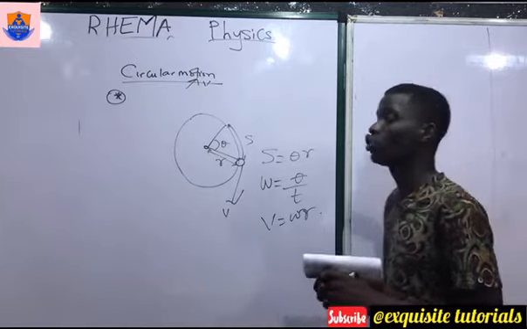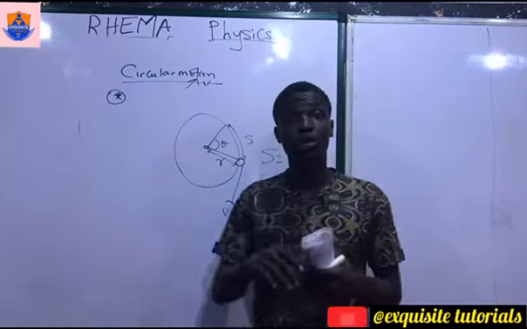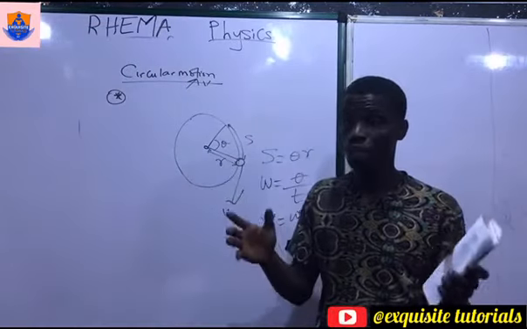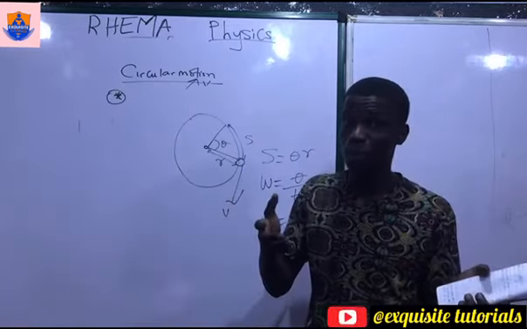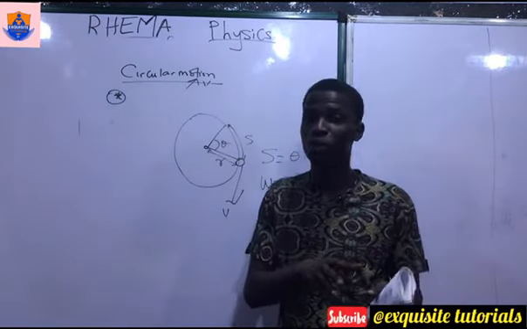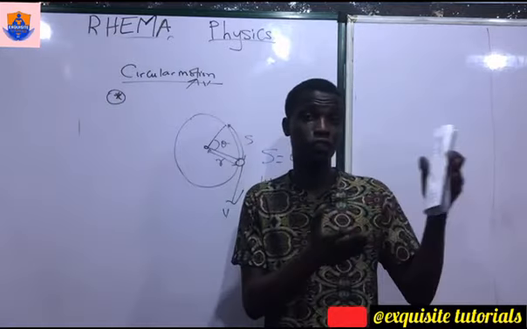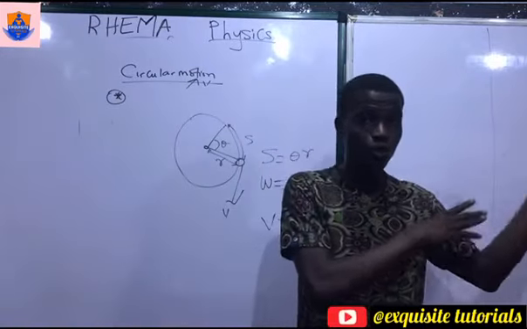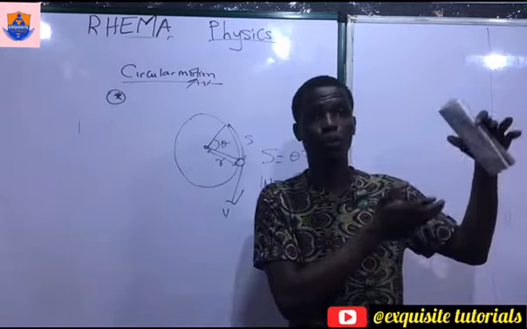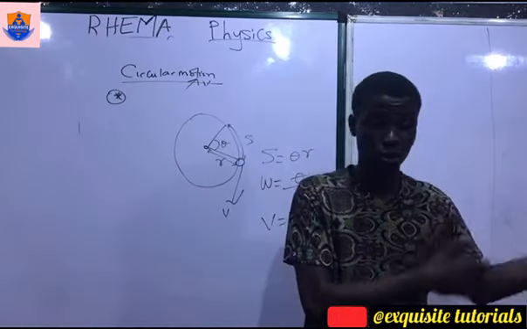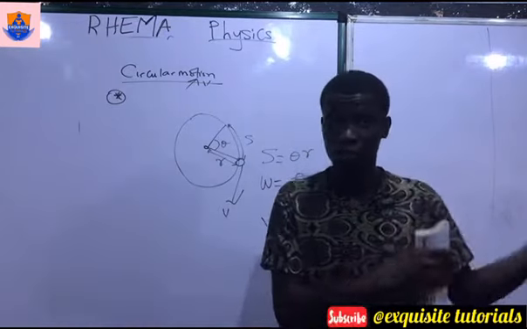And take note, in some cases in circular motion, they might give you a question that requires you to use your equations of motion. But this time, you won't be using the quantities you used before, where you use your normal velocity and acceleration.